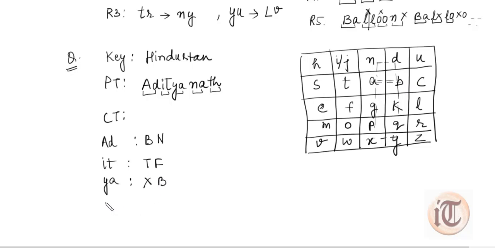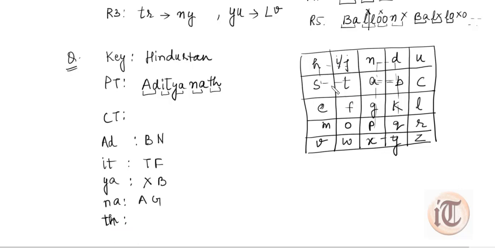Now the next pair is NA. Check NA: N and A are in the same column. So N is replaced by A and A is replaced by G. And the last pair is T and H. T is here and H is here, so rule 3 is followed, and the intersection point will be like this.